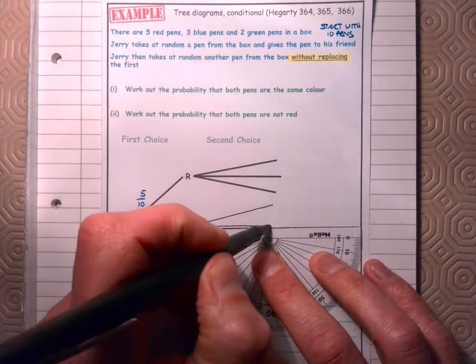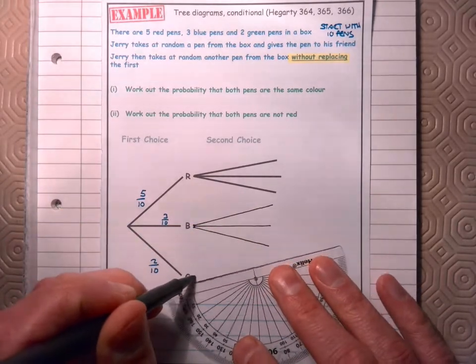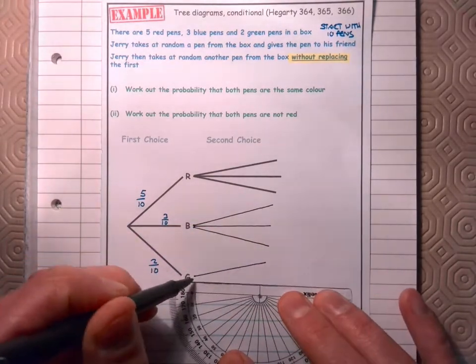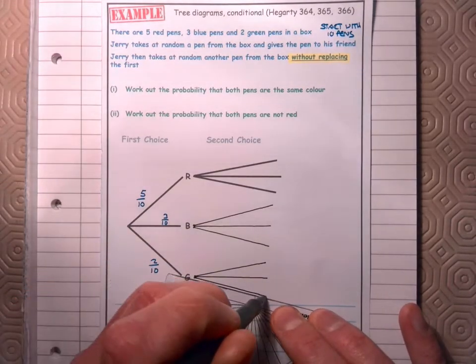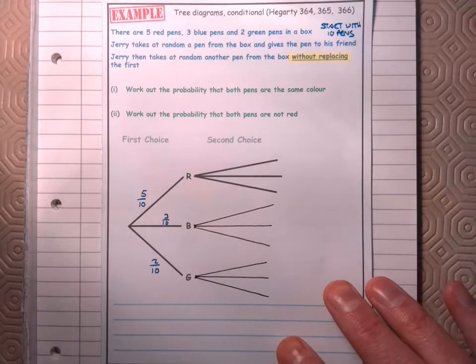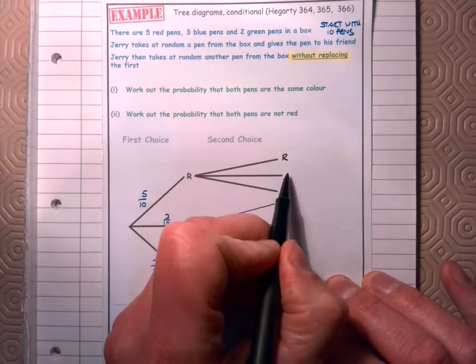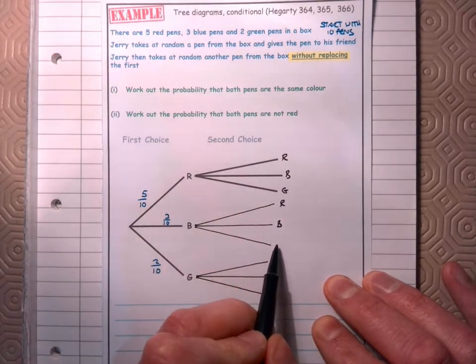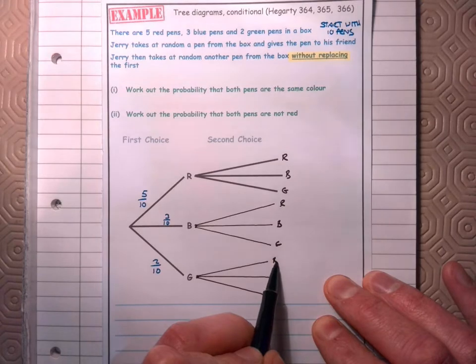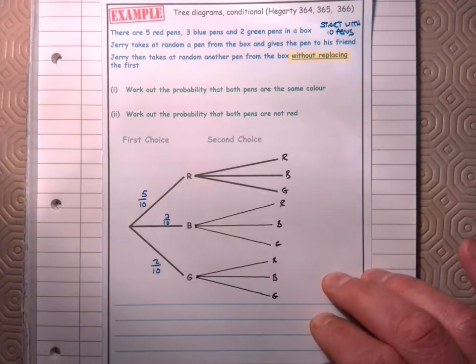We then need to draw in the rest of our choices down the way. So we've got some choices there, some choices here. We're just getting all the outcomes drawn in. What can happen? We've got red, blue and green in our second choice, and red, blue and green, and red, blue and green.